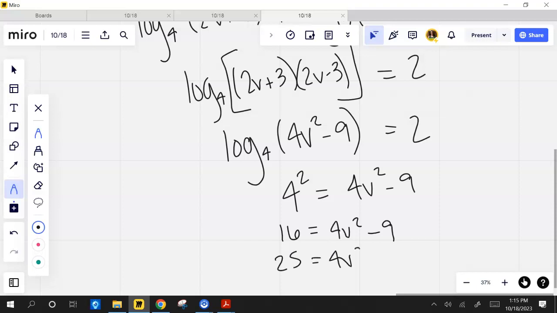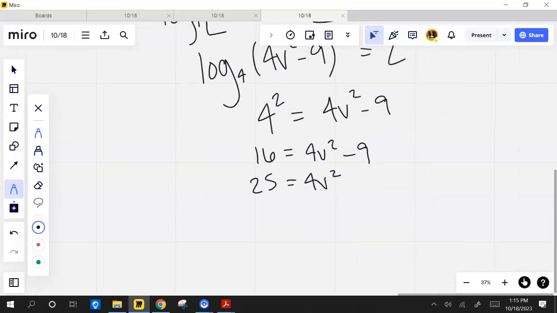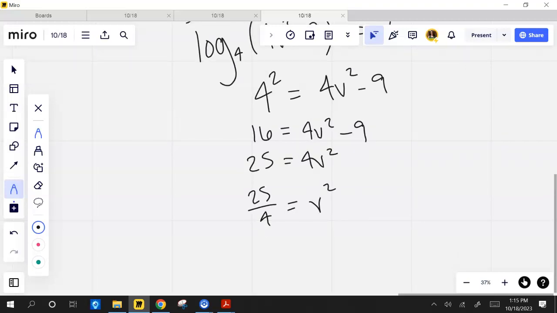So I got 25 over 4 equals b squared. What's b equal? Plus or minus. There you go.